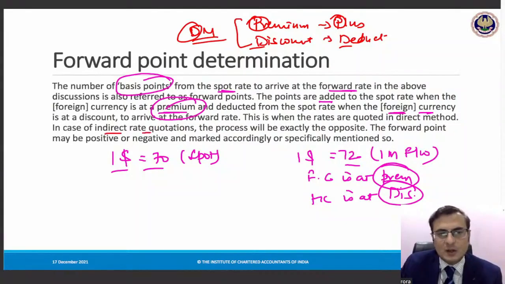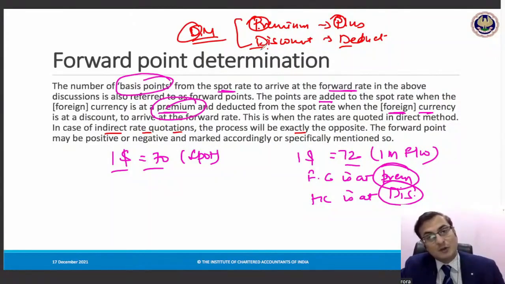But if an indirect quote is given, you will have to do exactly the opposite. It means if it's a premium, you have to deduct, and if it's a discount, you have to add, in case of the indirect. So if you learn only one, you will be able to learn the other three. P for P, D for D in case of the direct quote.